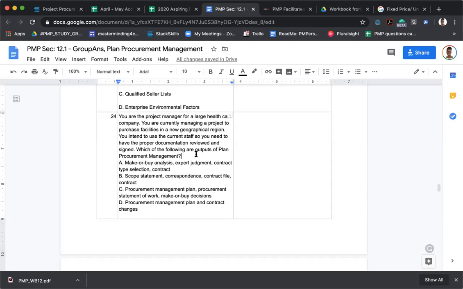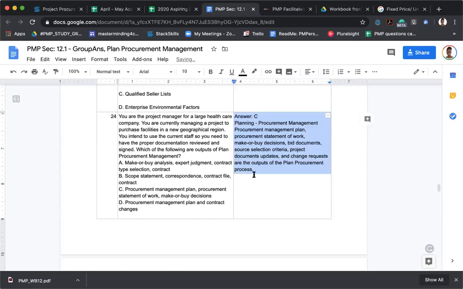Procurement management plan, yes. Procurement statement of work, yes. And make or buy analysis. I'm going with C. Yay. Okay, now your turn.